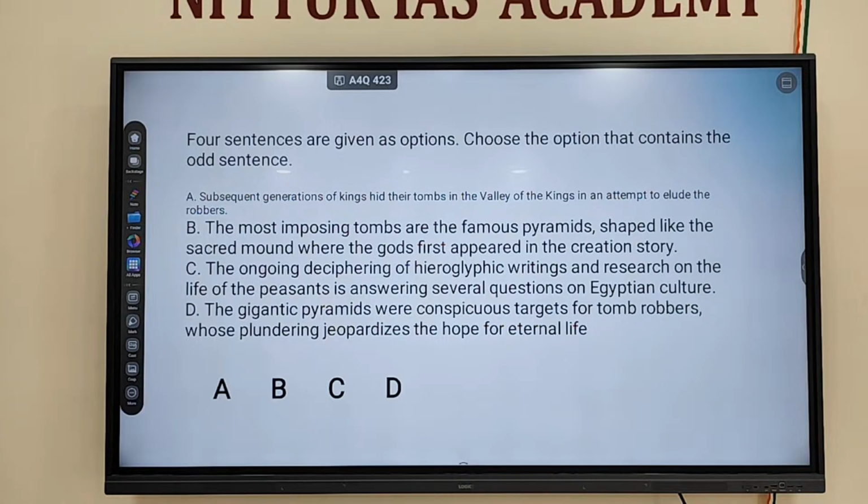The gigantic pyramids were conspicuous targets for tomb robbers whose plundering jeopardizes the hope of eternal life. Jeopardize. What do you think? Rohan, Pooja?